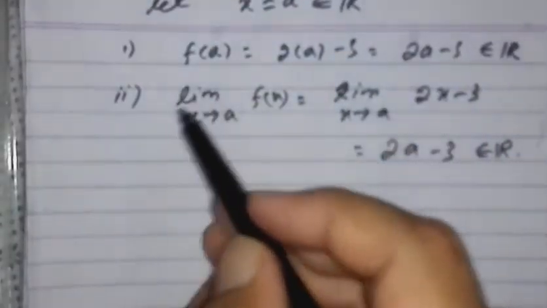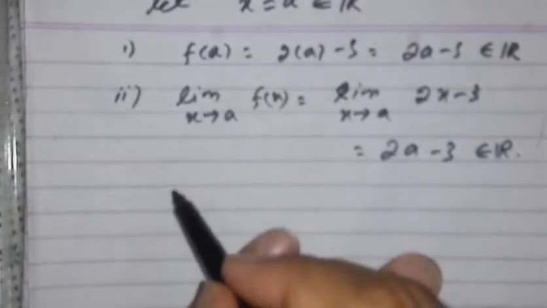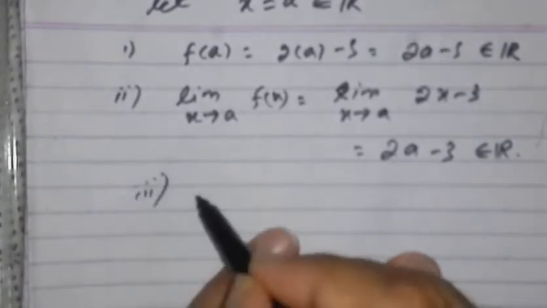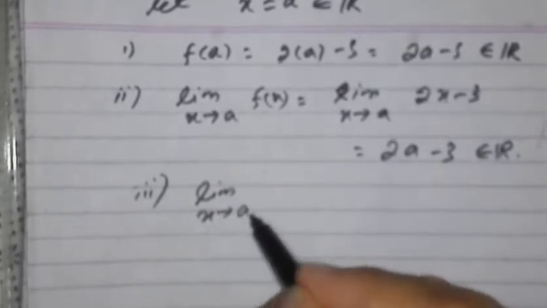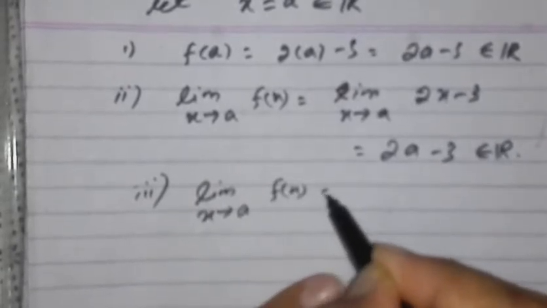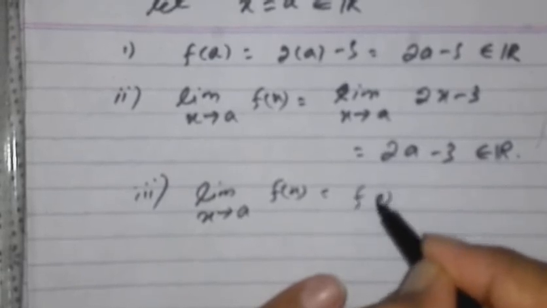Now look, third: f of a, and the limit as x approaches a of f of x equals f of a.